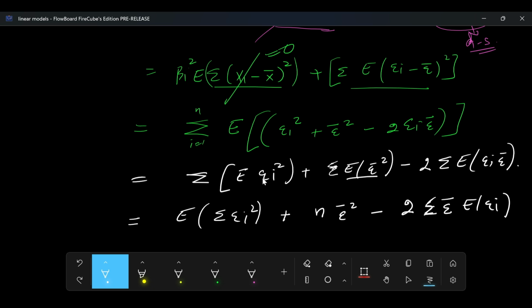As you know, this is equal to 0, as we know ei follows normal 0 comma sigma square.